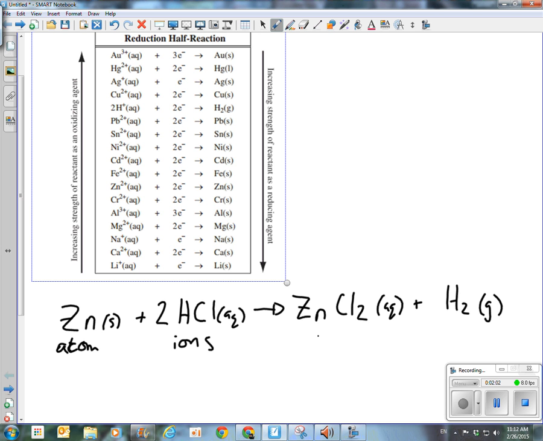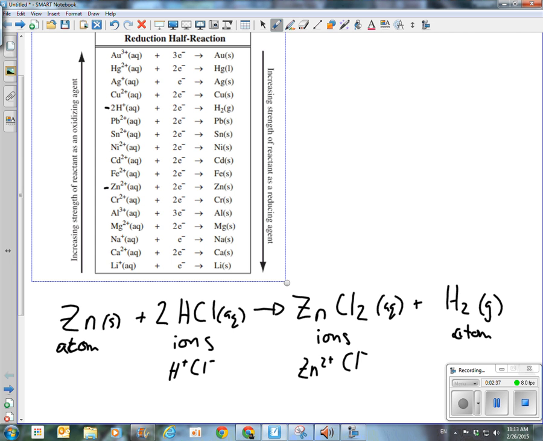These would be ions as well, and here is an atom. So my ions: hydrogen forms H plus, chlorine is Cl negative, zinc forms 2 plus, and chlorine is Cl negative, and then this is just hydrogen here.